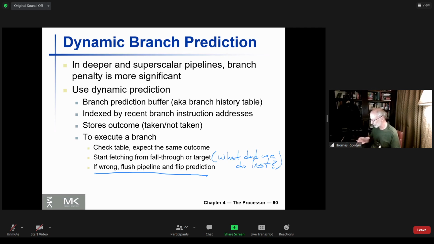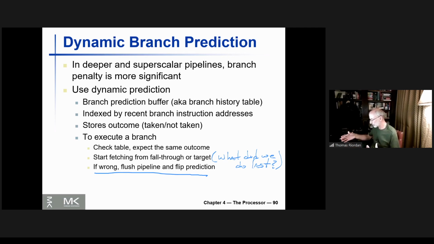We're doing all this with a whole bunch of hardware up front that guesses immediately rather than waiting for the branch comparison and all the other stuff that has to happen, switching all the muxes and everything. We're not going to wait for any of that. Instead, we're going to do it immediately up front.